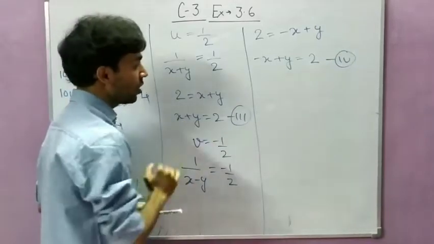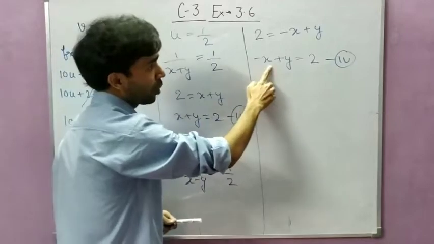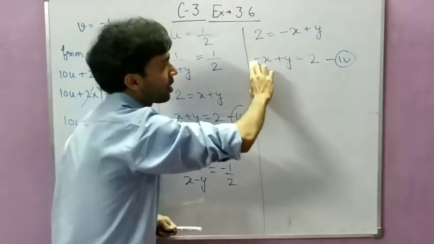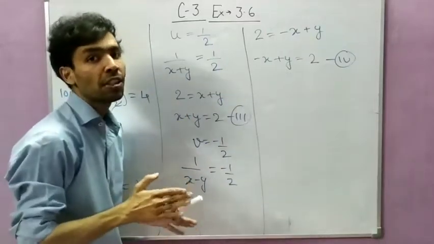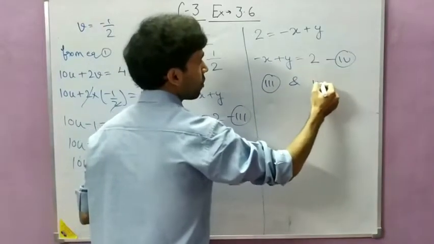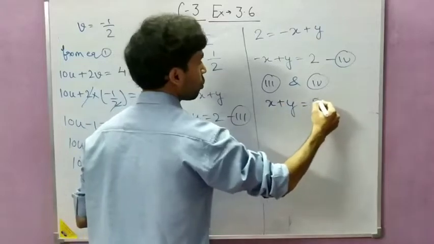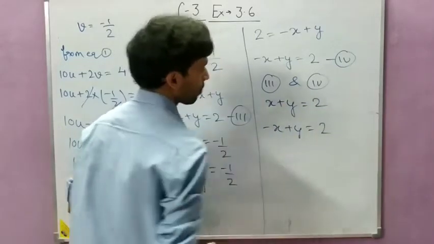So you can see here the coefficient of x is 1 and here the coefficient of x is also 1. For right now, forget this minus sign. Both x have the same number associated with them. So see, when we solve equation 3 and equation 4, what we will get? x plus y equal to 2 and minus x plus y equal to 2.